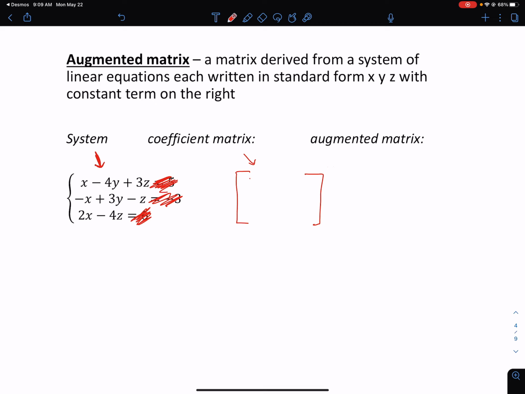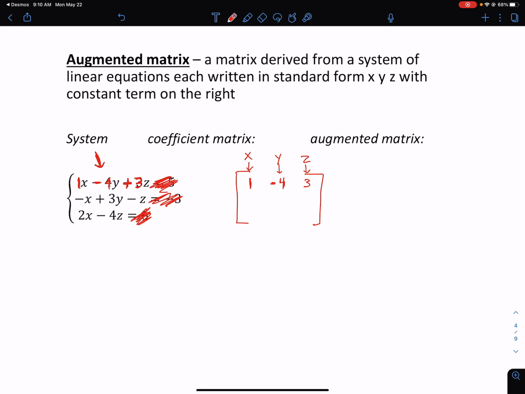So I put the 1 here because the coefficient of x is 1. I put a -4 here because the coefficient of y is -4. And then I put a 3 here because the coefficient of z is +3. So it goes in order, x, y, z. You could think of the columns as the x column, the y column, and the z column.